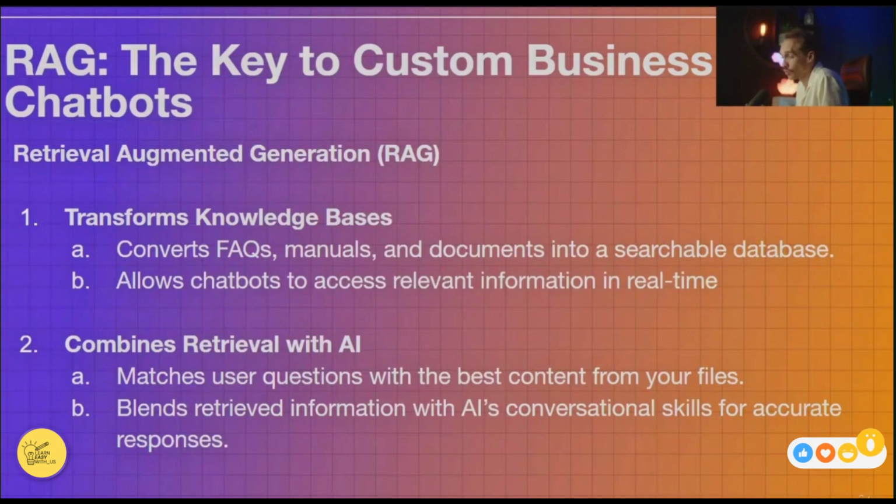This is what powers tools like Custom GPT and Chatbase, making it easy to upload your content and let the chatbot handle content-specific questions. For example, if a customer asks about product return policies, the chatbot pulls the latest policy from your files to deliver a fact-based answer. No guesswork involved.